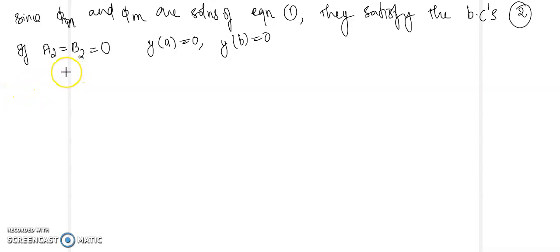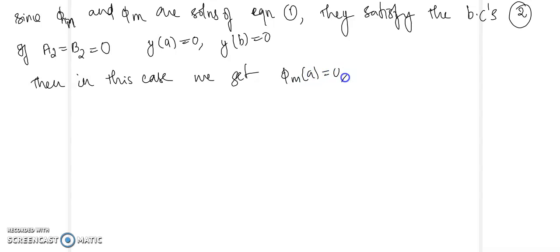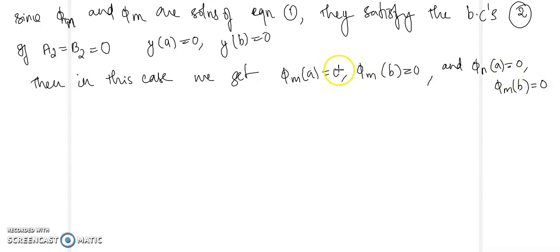So in this case we will get phi m of A equal to 0, phi m of B equal to 0, and phi n of A equal to 0. Sorry, phi n of B equal to 0.